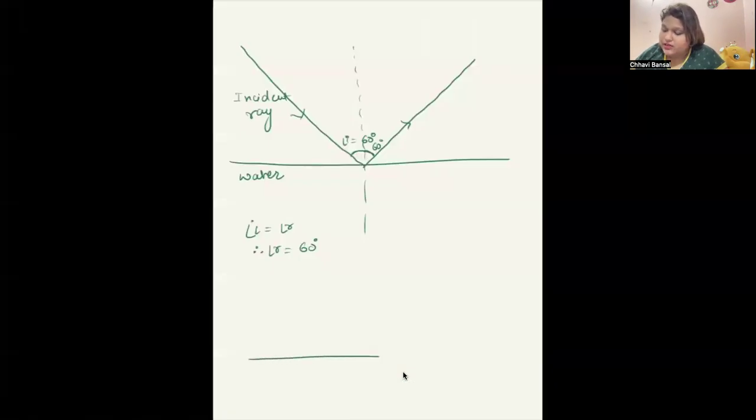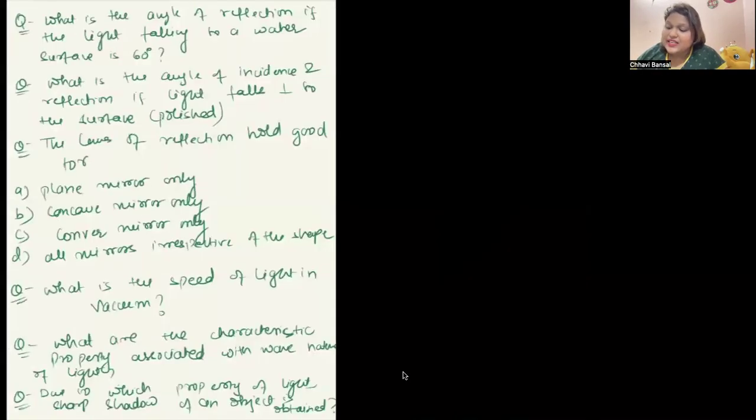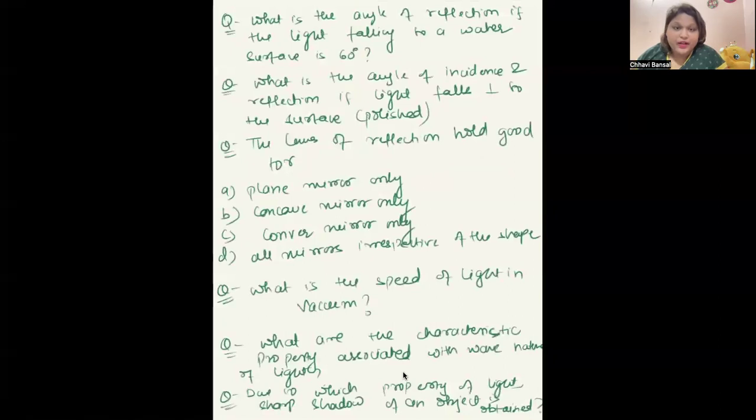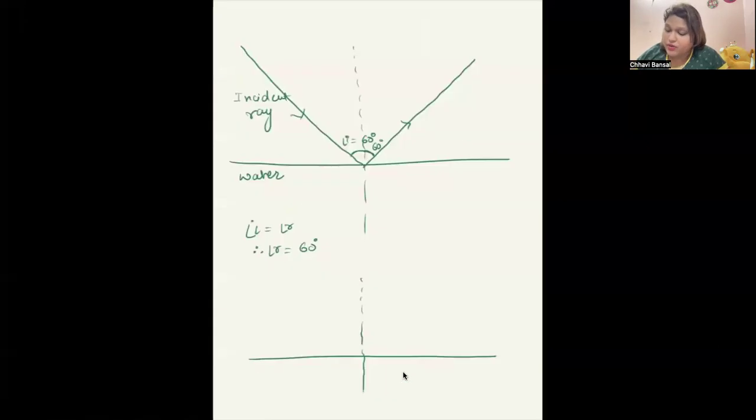Again, there is a surface normal. Now the incident ray falls perpendicular to the polished surface. Perpendicular means it is coming along the normal. This is the incident ray. Now, what is the angle of incidence between normal and incident ray? But now they both are the same, means angle of incidence is equal to 0 degrees, right?